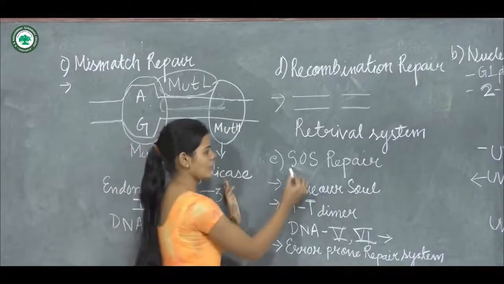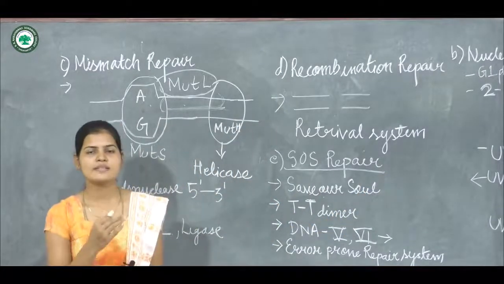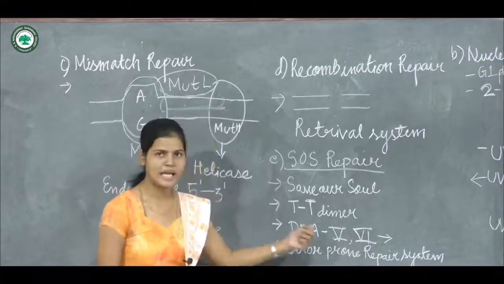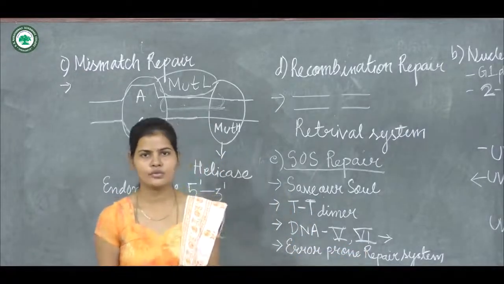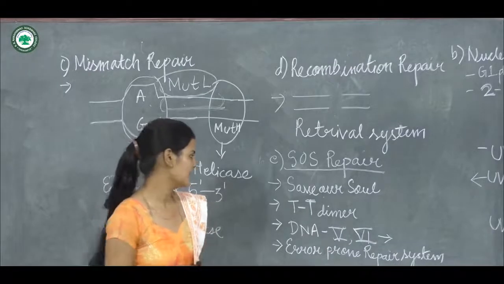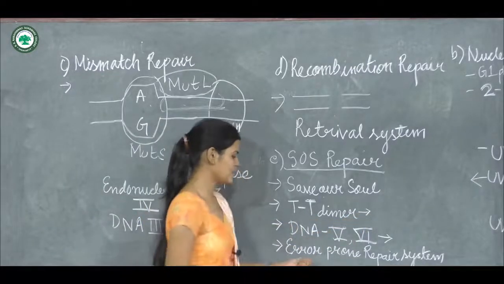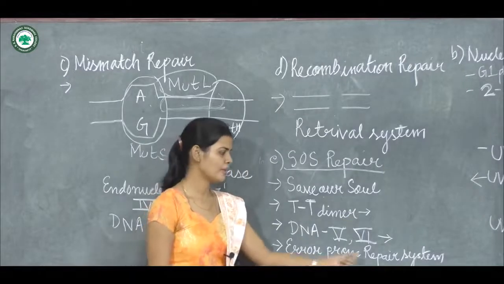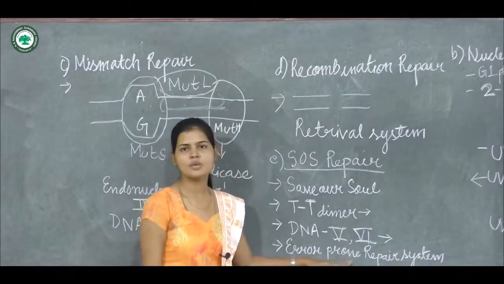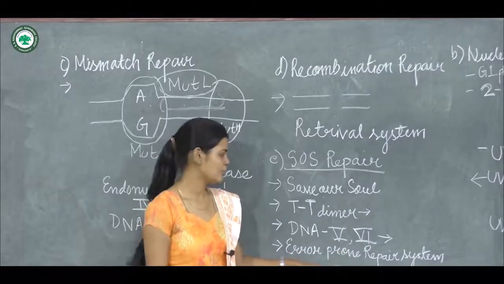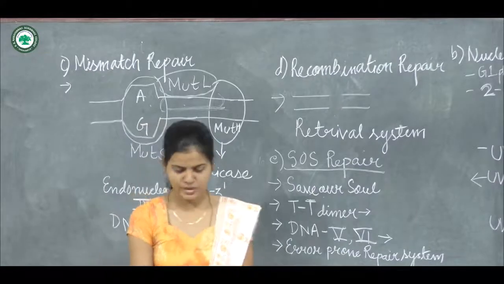So SOS means this is the last step which can save the DNA, or else, due to the DNA damage, the cell may die. To save the cell, this mechanism is there in the cell, which is also called the error prone repair system, because there are chances of errors being incorporated into the DNA. So this is the last type, that is SOS repair.